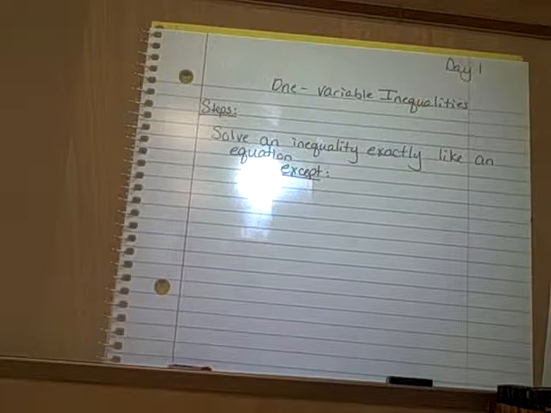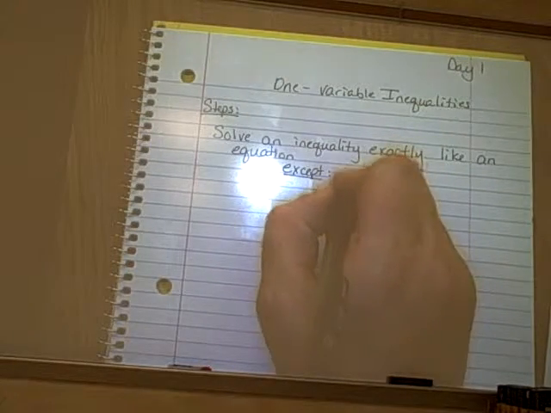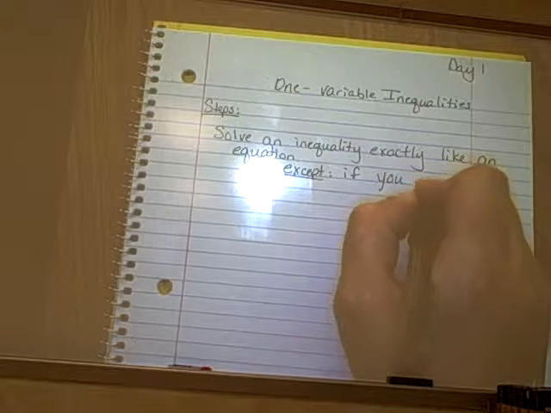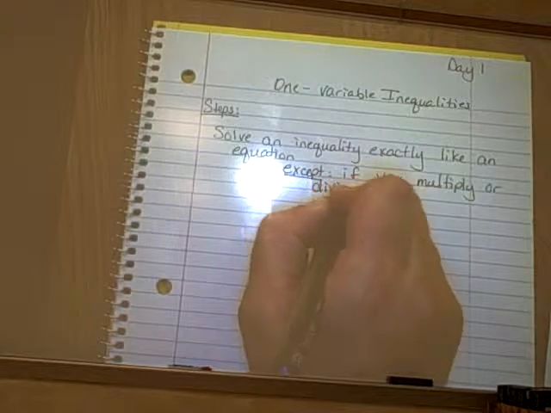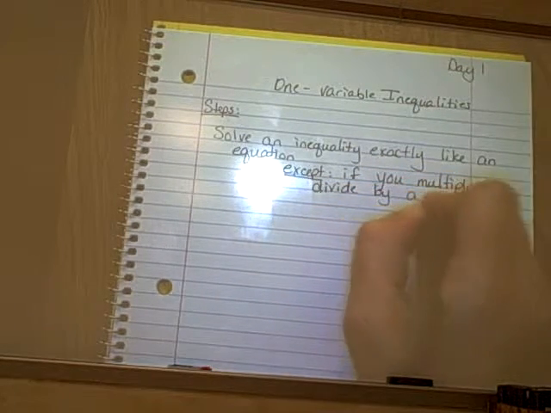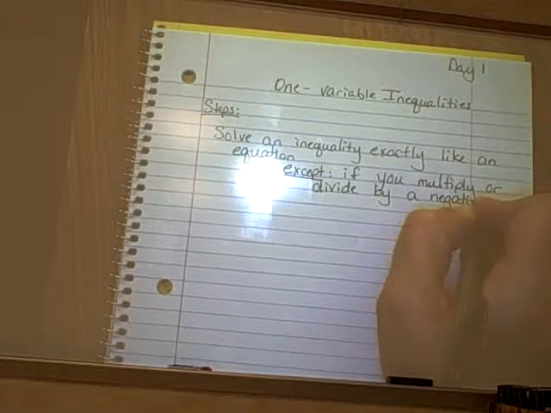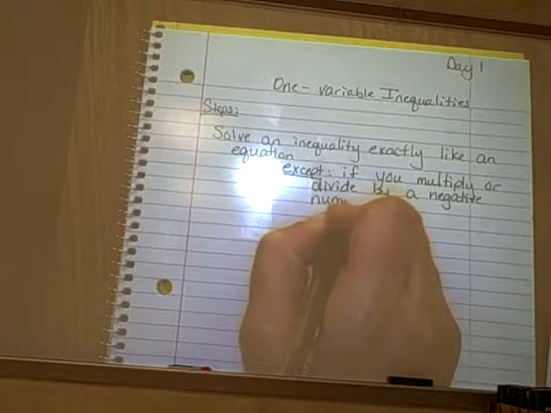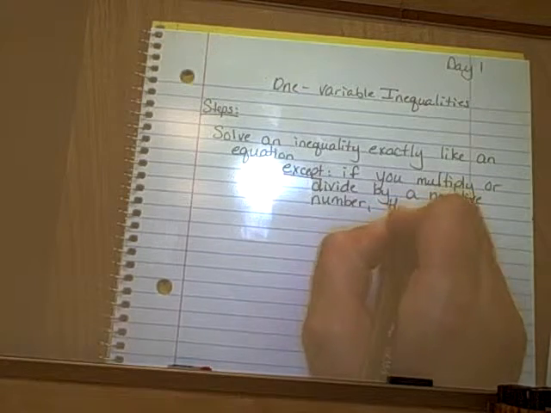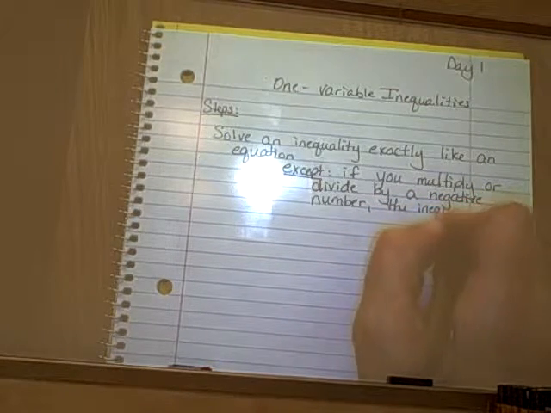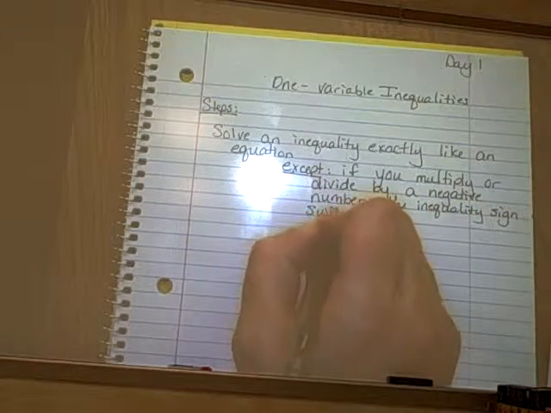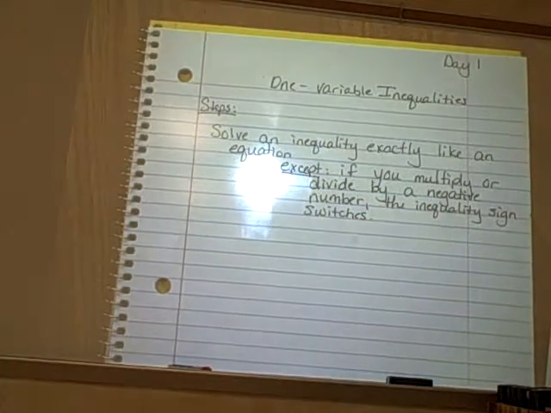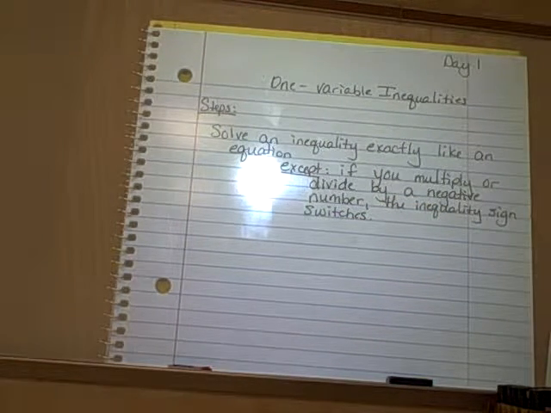So the one exception: if you multiply or divide by a negative number, the inequality sign switches. So if you multiply or divide by a negative, you have to switch your little arrow.